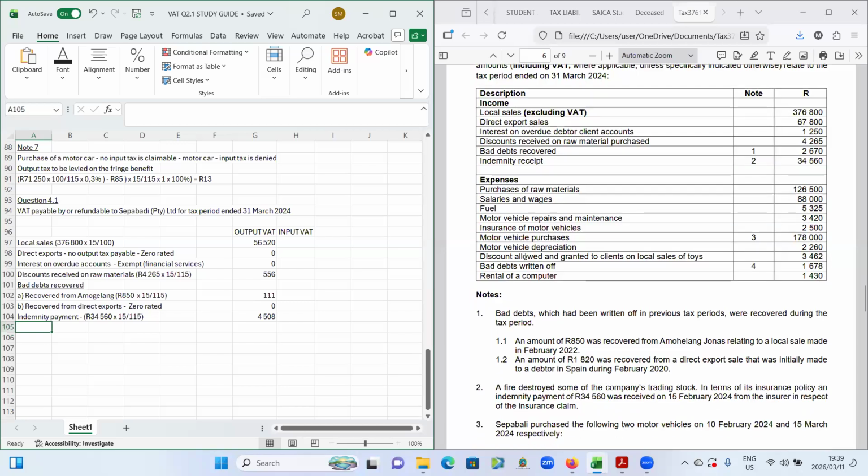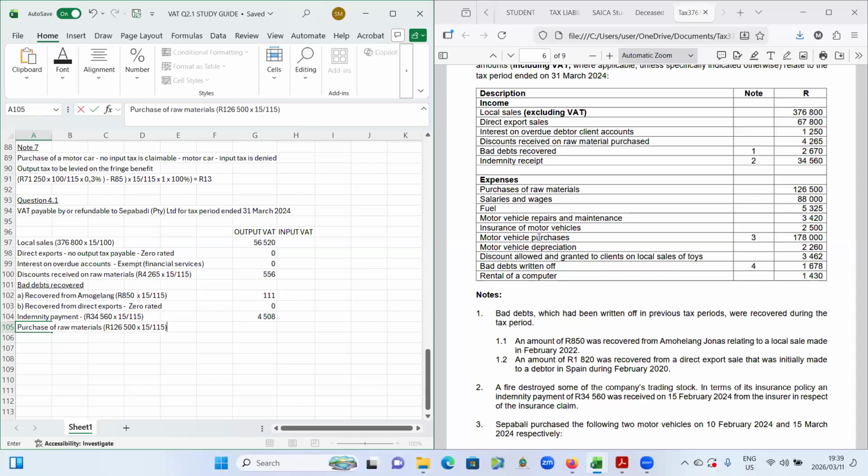On the expenses, the purchase of raw materials. What are the VAT implications on the purchase of raw materials? There's no note, meaning it will be local. It's 126,500 rand multiplied by 15 over 115.